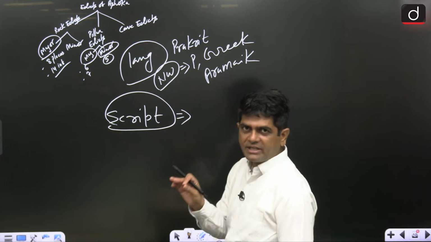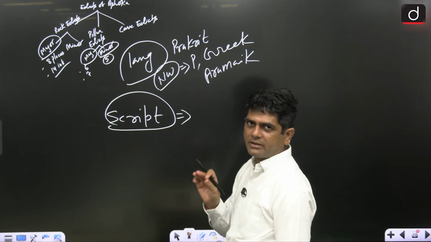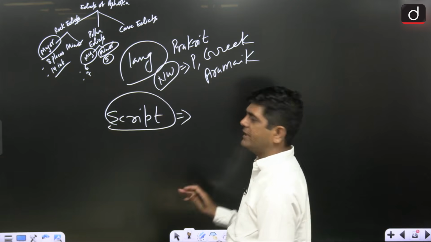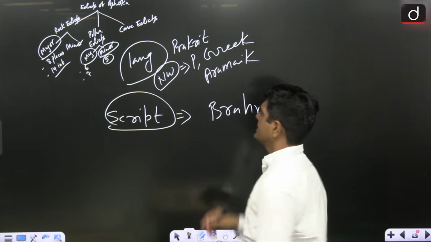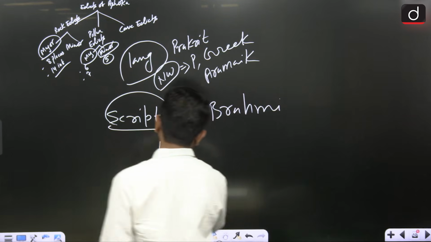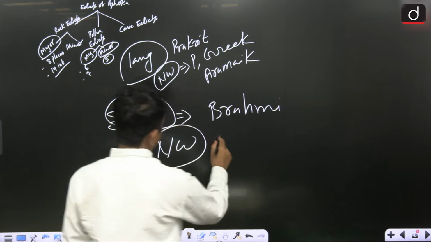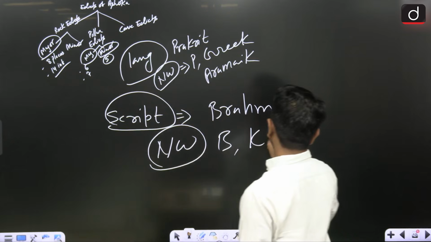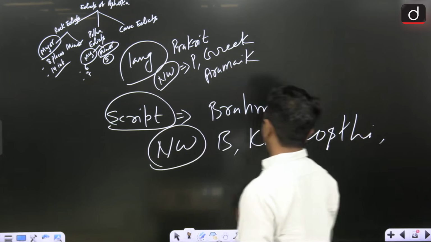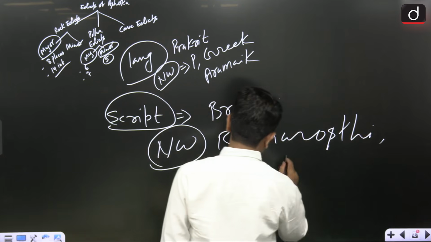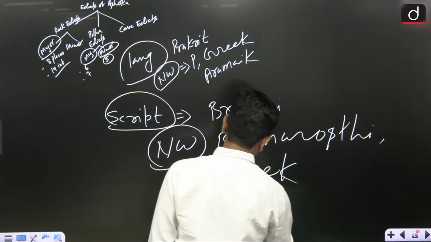Once again, in North India, western part, central India, eastern India and the Deccan, Ashoka used Brahmi script. But in the northwest part, Brahmi, Kharoshthi script and Greek and Aramaic.